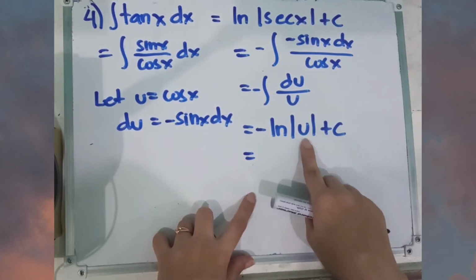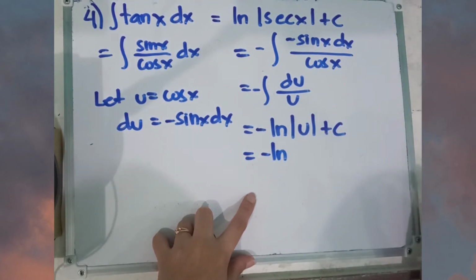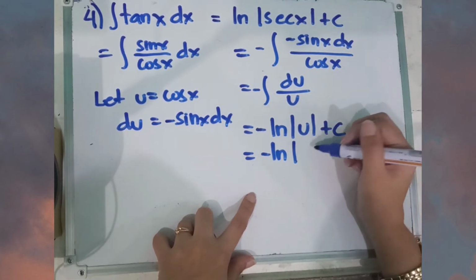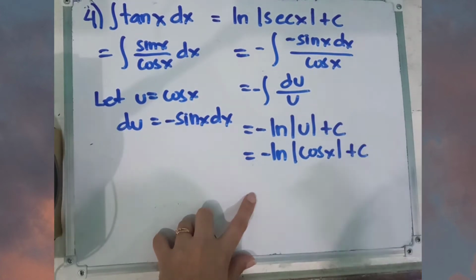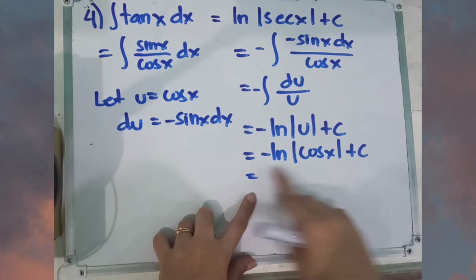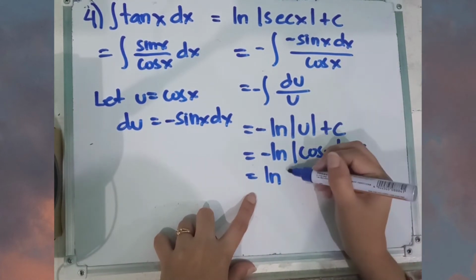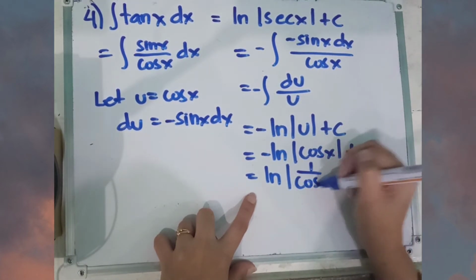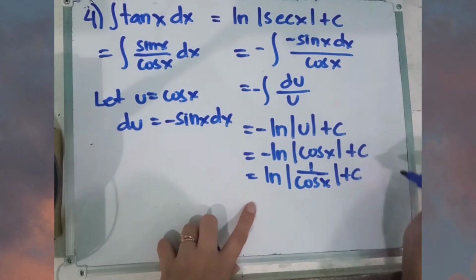And going back, that's the negative natural logarithm of the absolute value of u. U is cosine x plus c. Now distributing the negative natural logarithm, that is ln of the absolute value of 1 over cosine x plus c.